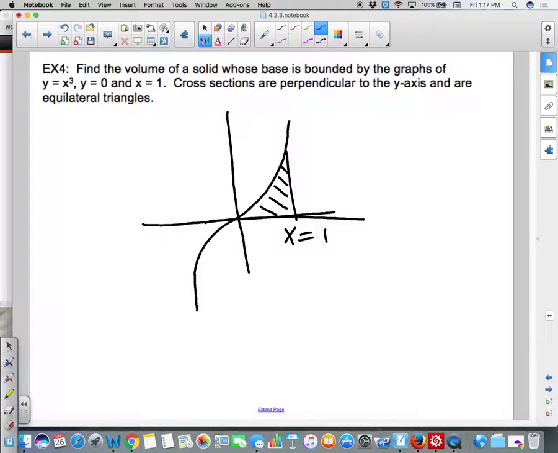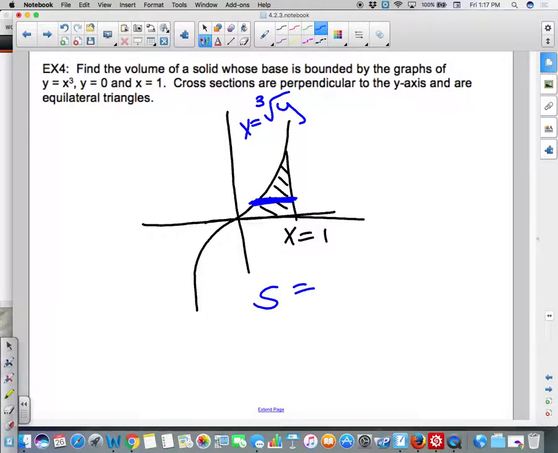I'm going to do it with respect to y, so I know that x is the cube root of y. On perpendicular y-axis, this is the length of the side. This is where you're going to have a little hole in the solid. It doesn't go down the y-axis. So what's the length of the side here?